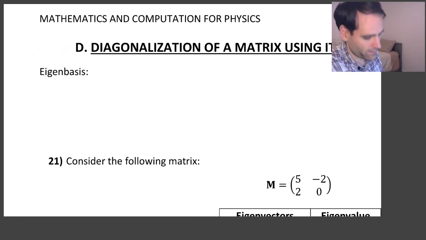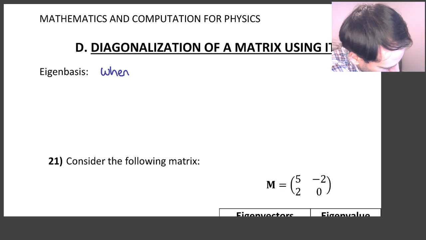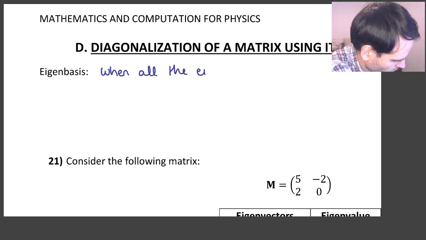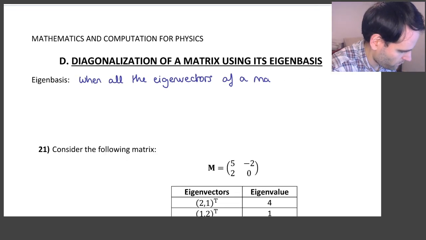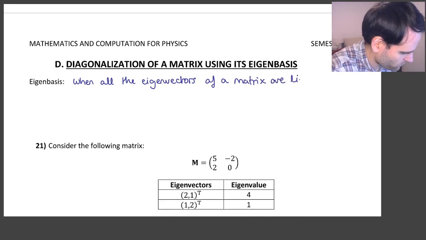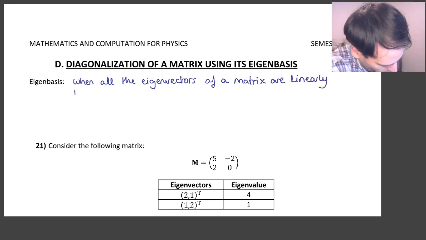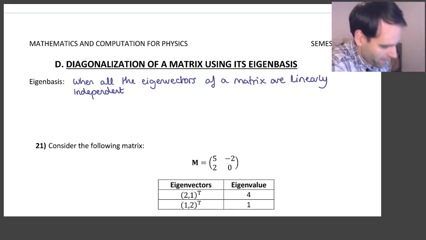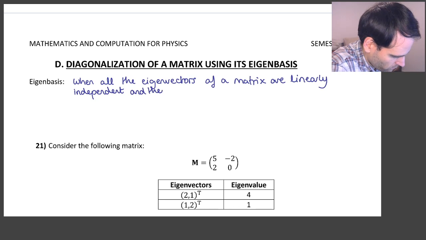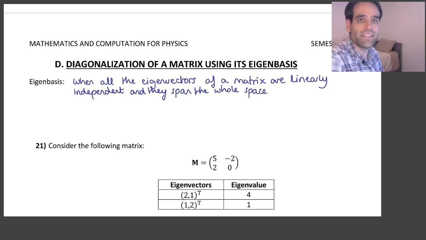When the eigenvectors of a matrix are linearly independent, and they span the whole space, then this means that this set of vectors can be used as a basis, right?